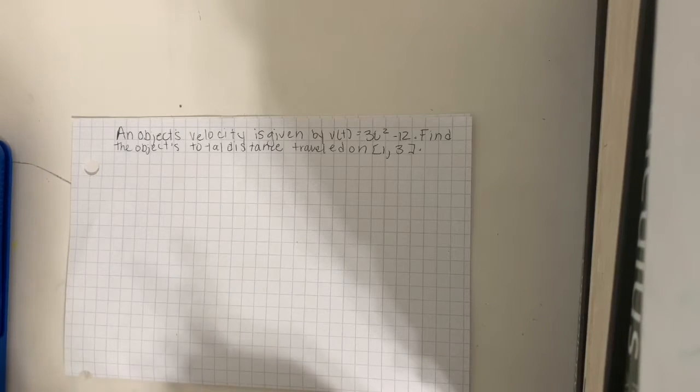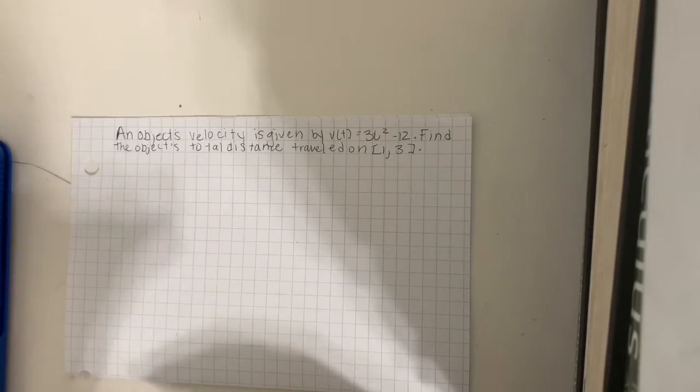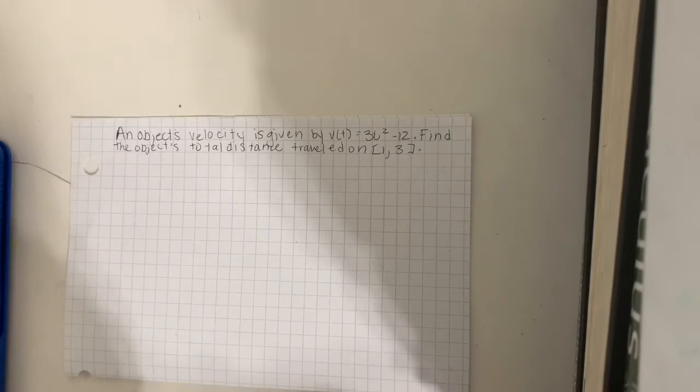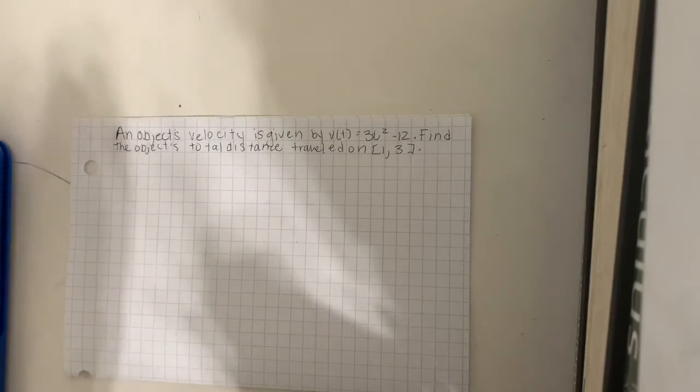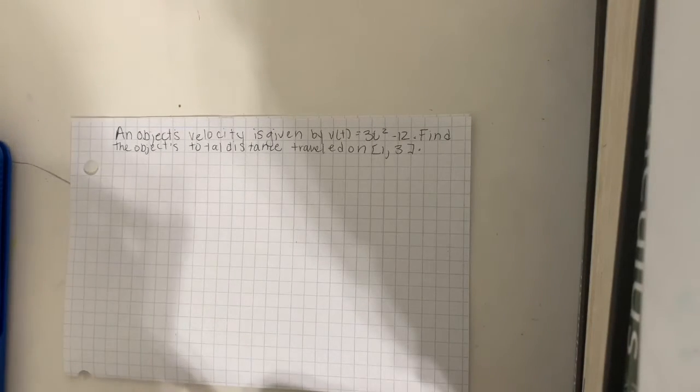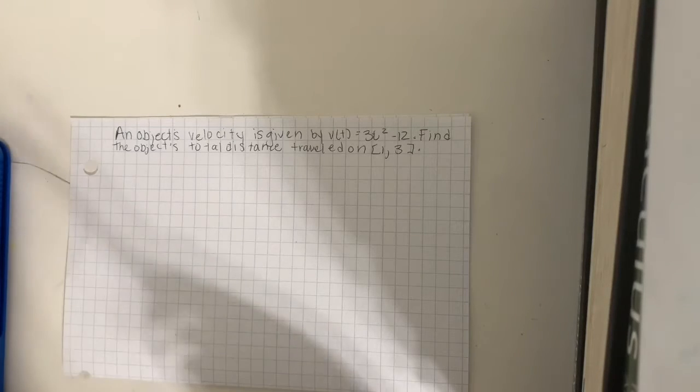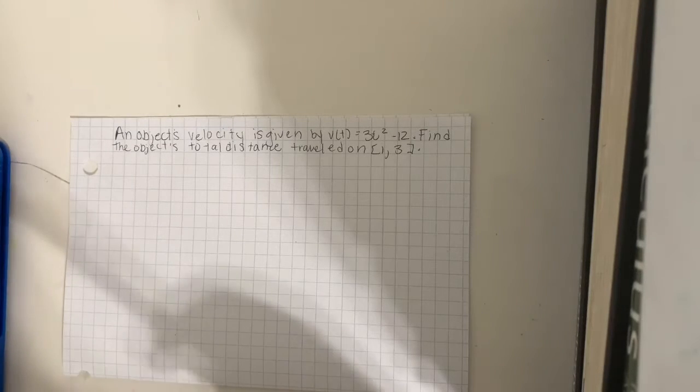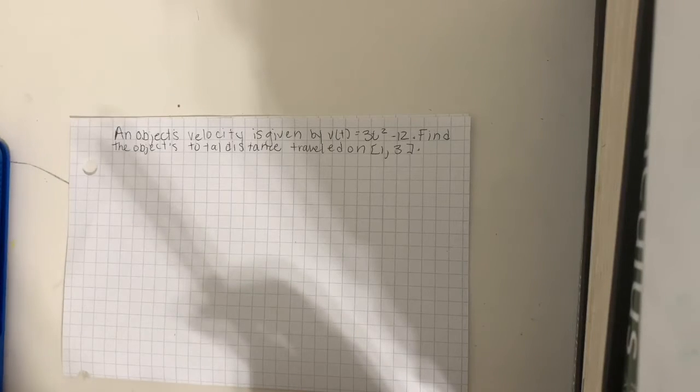But before we do that, since we're talking about total distance, we need to find where the particle is traveling in the negative direction, so that we can make that part positive, since for distance we are looking for everything, even if it's in the negative direction.